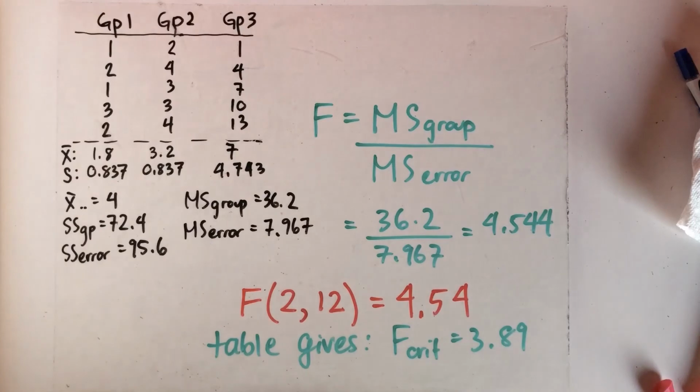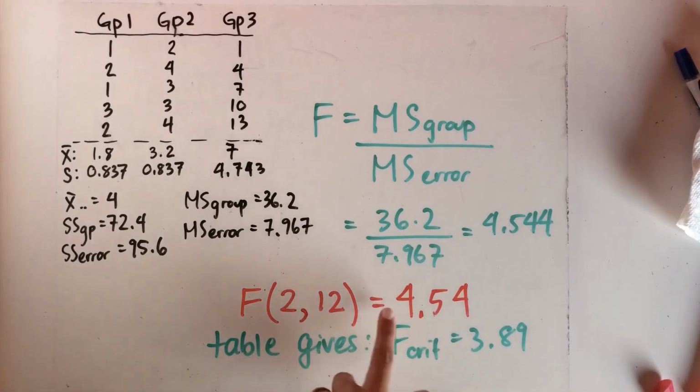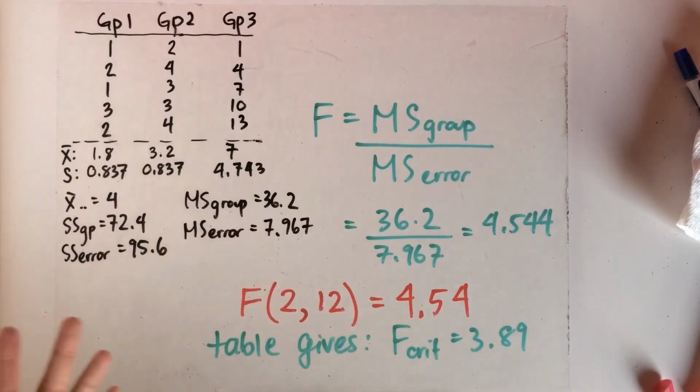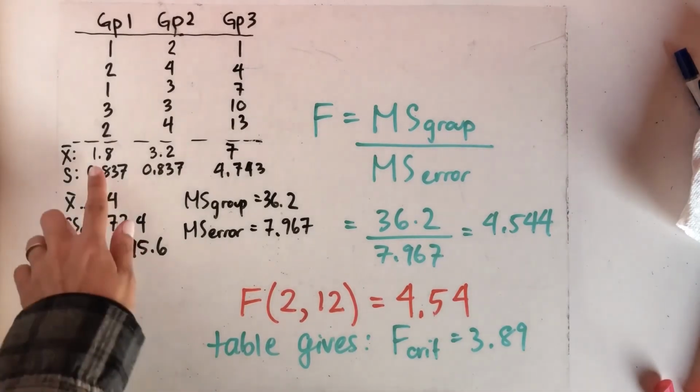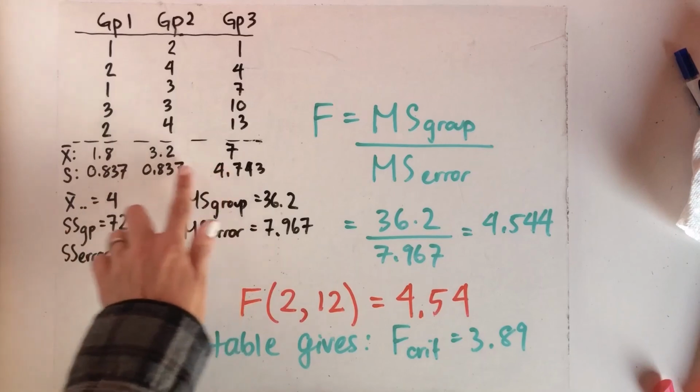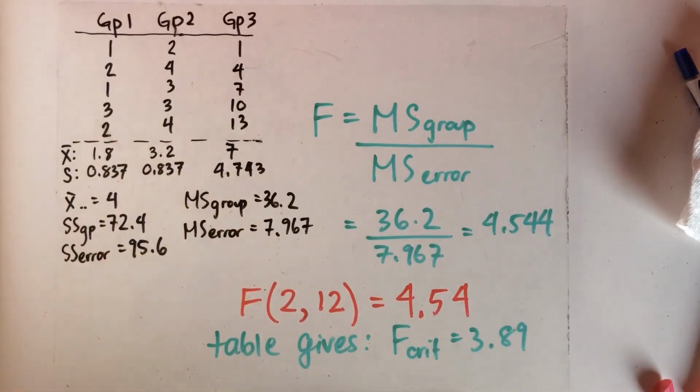You can keep 3 decimal places. So basically, because our critical F value is exceeded by our observed F value, we know that we have a significant F test. And what does that mean? At least 2 of these means differ.